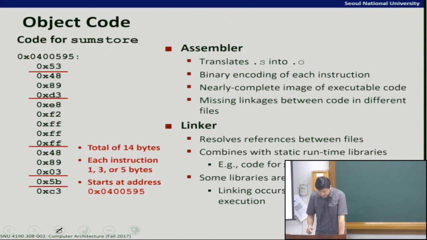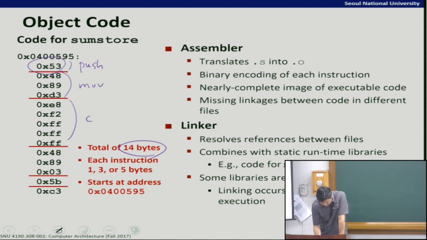And these 6 instructions take 14 bytes. The first, a push instruction, only takes 1 byte. And the second, the move instruction, takes 3 bytes. And this one is a move. This one is a push.